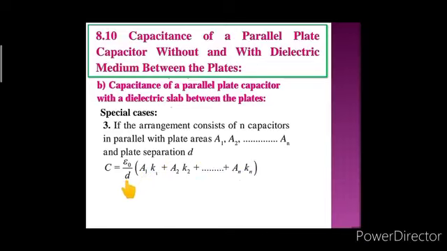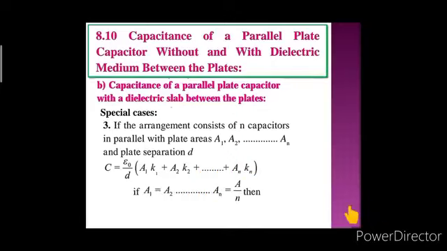So here the changes will come across the area and the dielectric. So those changes we are writing in the bracket there. And hence the value of the capacitance C we are writing as epsilon naught upon d into, in bracket, A1 K1 plus A2 K2 plus till An Kn.